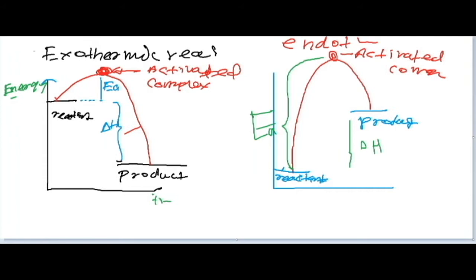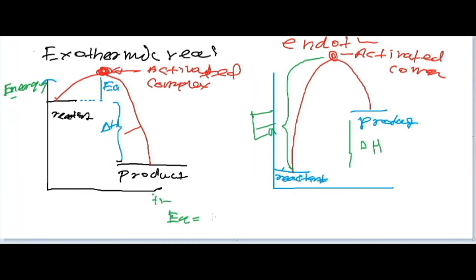So now I think you have idea about what is the activated complex, what is the endothermic reaction, what is the exothermic reaction, how it's joined with the activation energy. So activation energy, just keep in mind the definition. So definition shows that the energy gap between reactant and the activated complex, that is the important point. Okay.